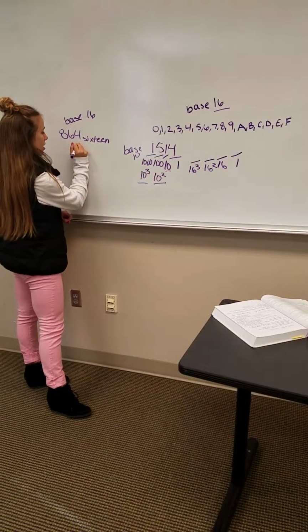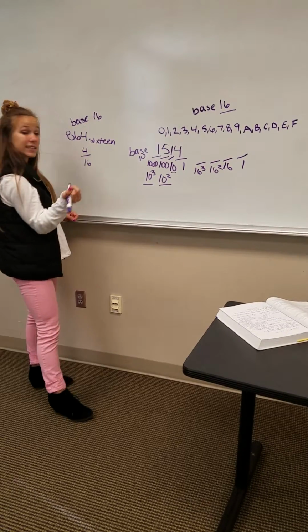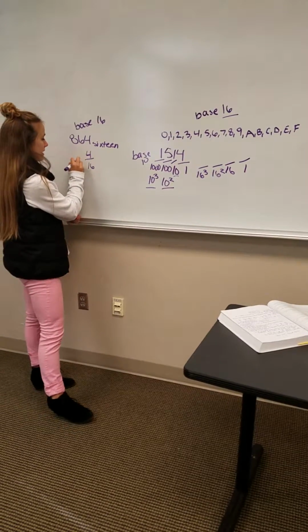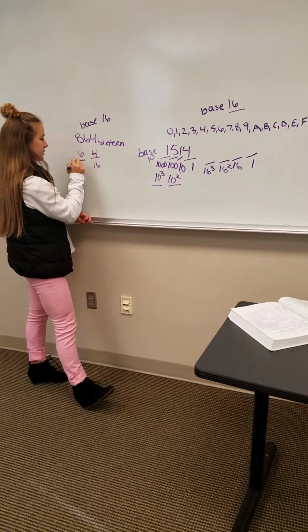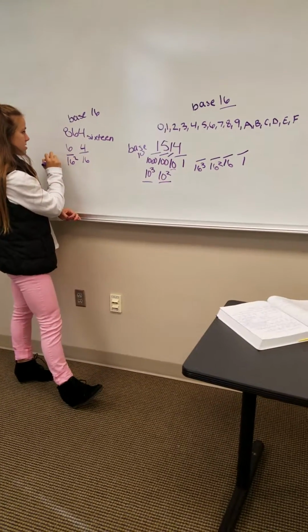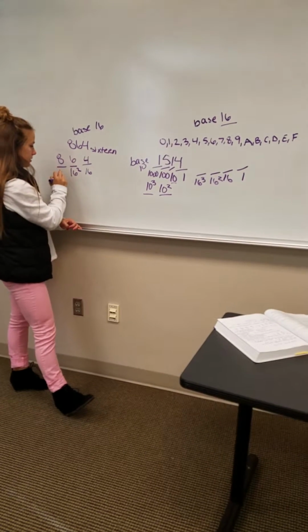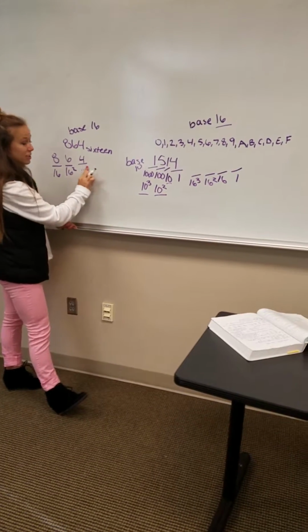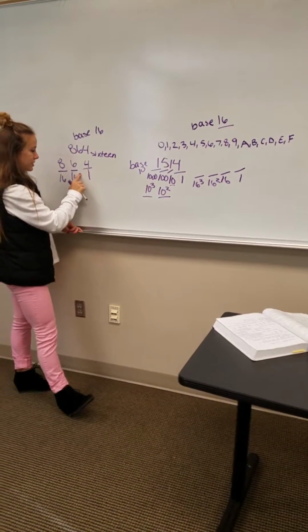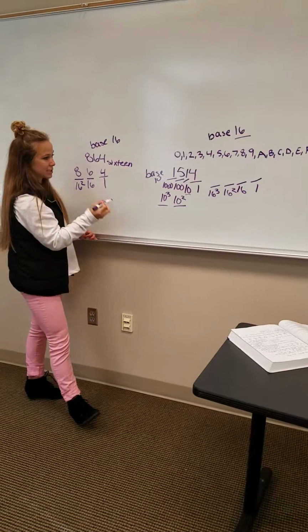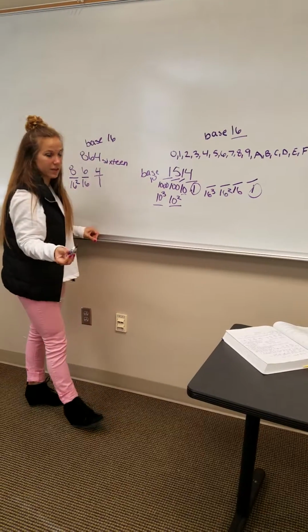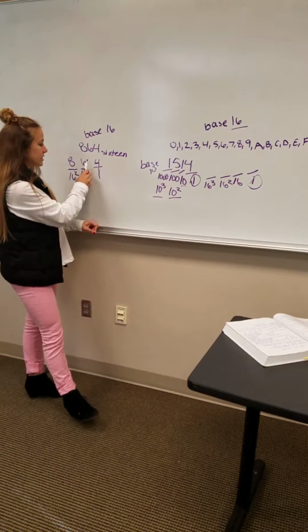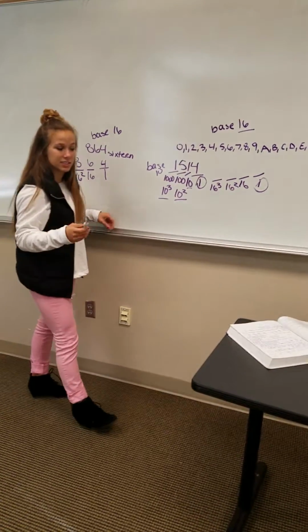Oh, I'm so sorry. This is actually the ones place, this would be the 16's, and this is the 16 squared, because we can't forget about the ones. We always want to start with the ones place value. So we have 4 in the ones, 6 in the 16's, and 8 in the 16 squared.